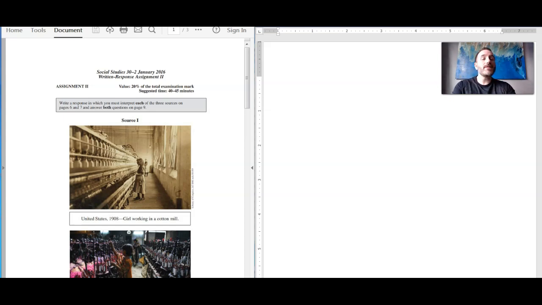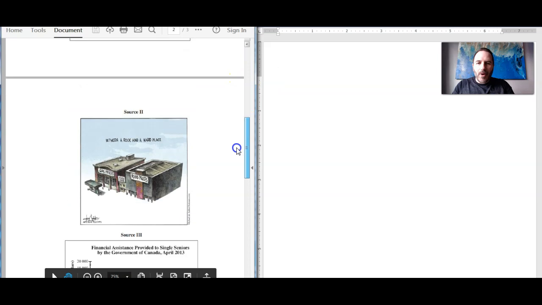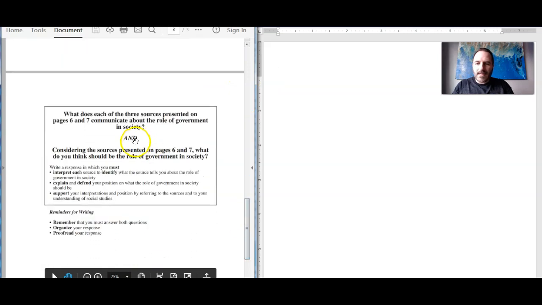Now, after you've done that for all 3 sources, what you need to do is start to compose your paragraph number 4. Paragraph number 4 is that second part of the assignment where it says, and considering the sources presented on pages 6 and 7, what do you think should be the role of government in society?